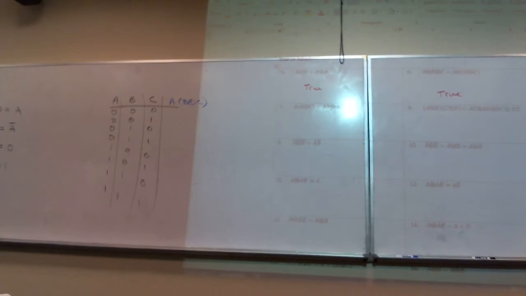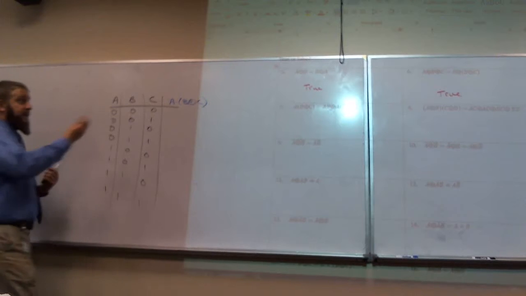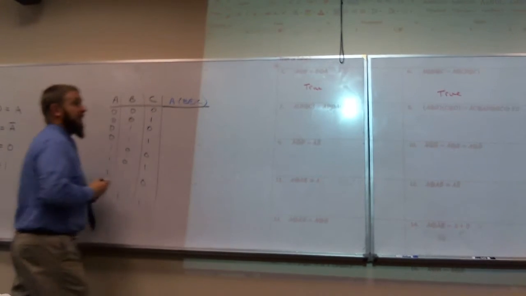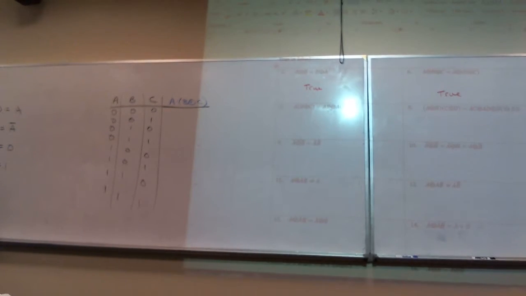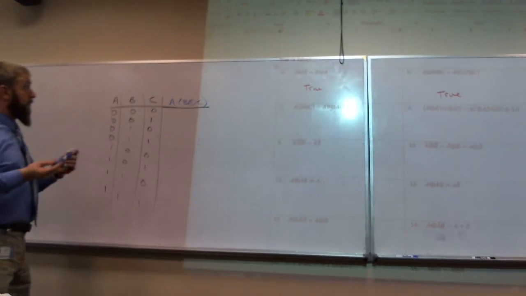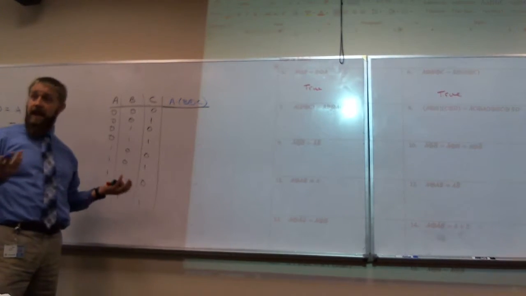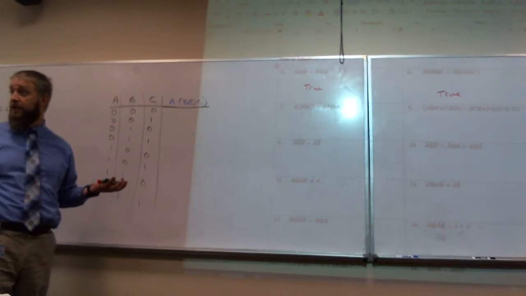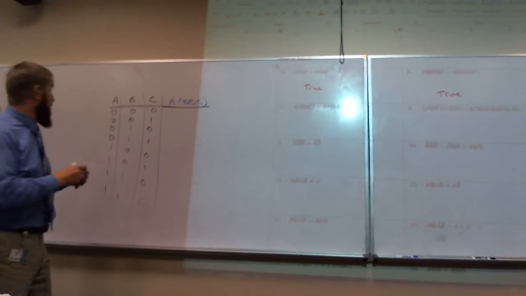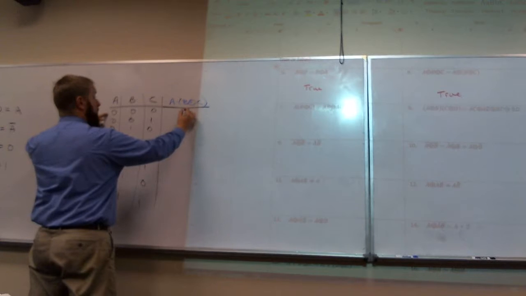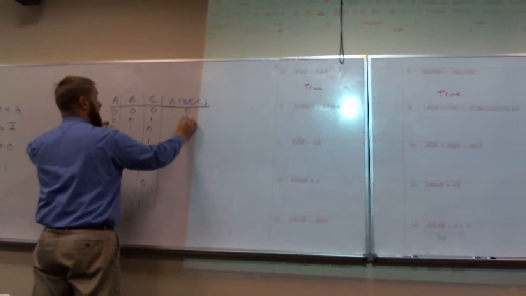What would be easiest to start with to fill out this truth table? Zeros and ones, specifically for what variable? A. A would be the easiest place to start, because if A is 0, the expression is 0, and has nothing to do with exclusive OR.